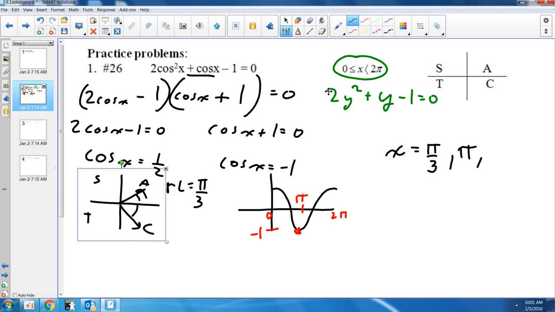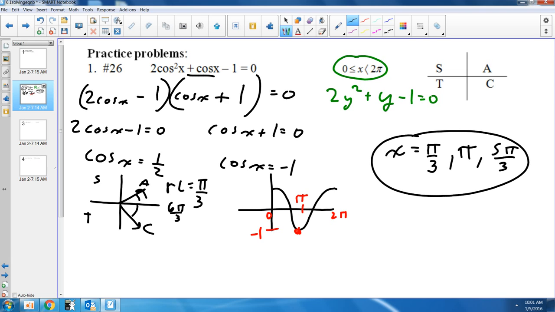And so just as a reminder, if it goes all the way around, you're really talking about 6 pi over 3. So I'm taking pi over 3 away from 6 pi over 3, and I'm left with 5 pi over 3. Yeah, it's nice because all the angles are in order from small to large. But it doesn't have to be. It's just easier to read.